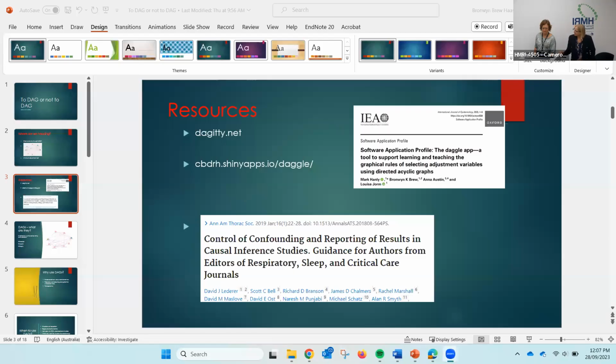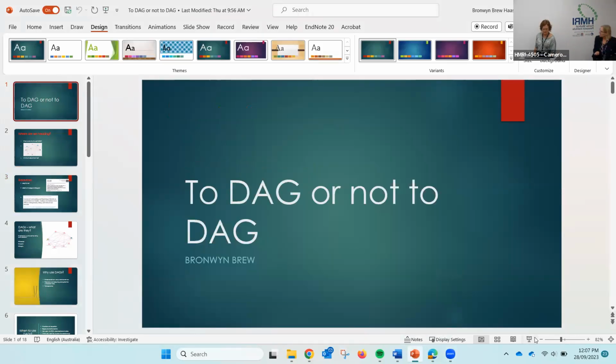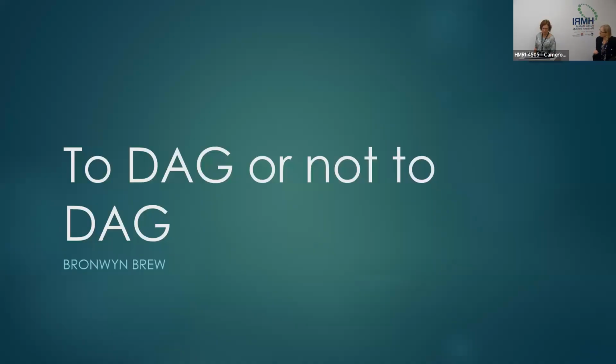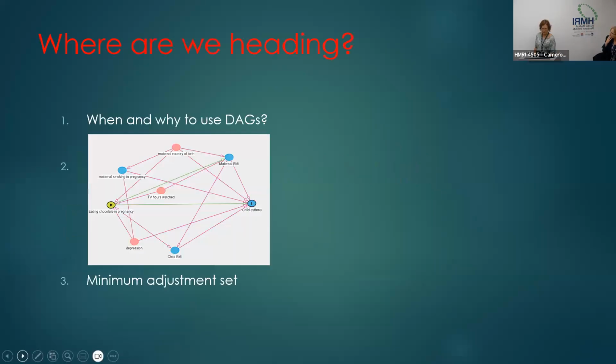Share screen. Okay. Is that right? And you've got your arrows down. Okay, we'll use these arrows. Okay, got it.